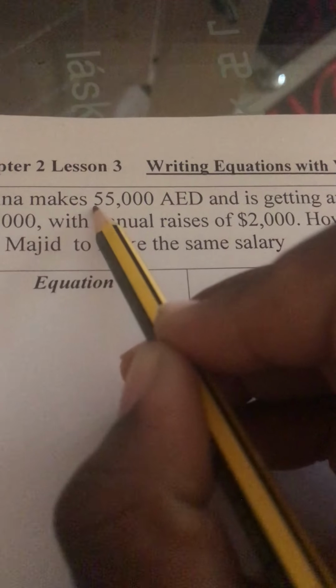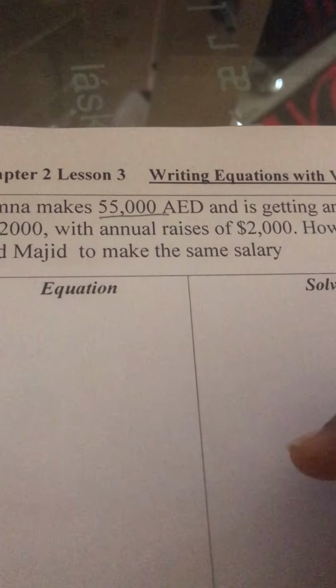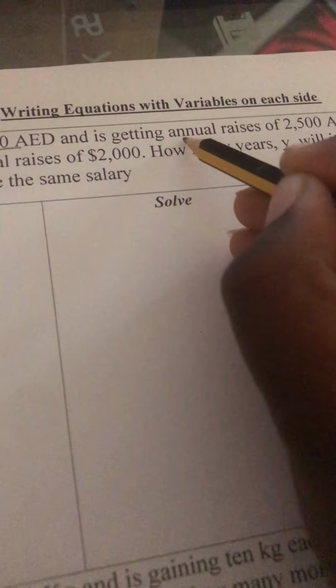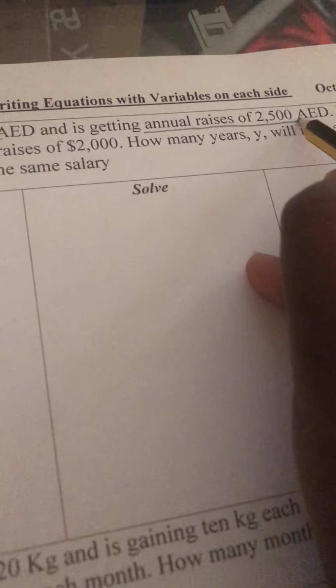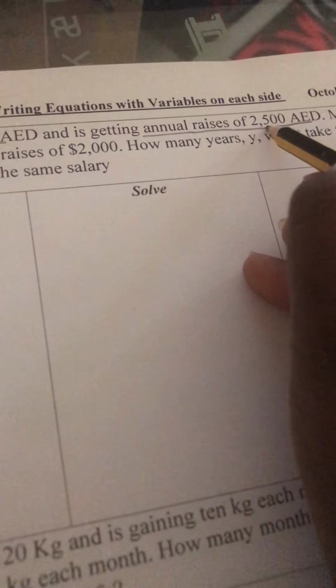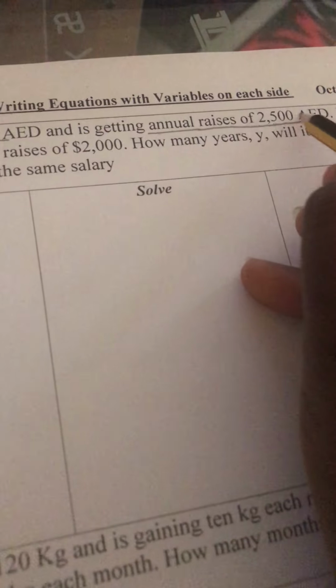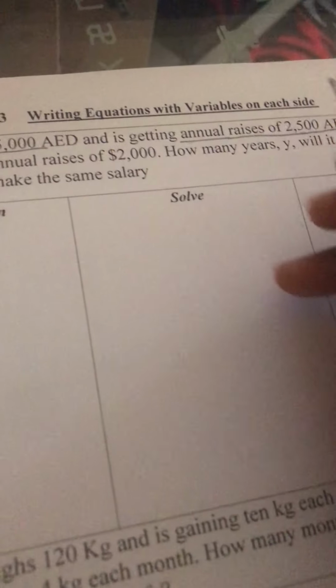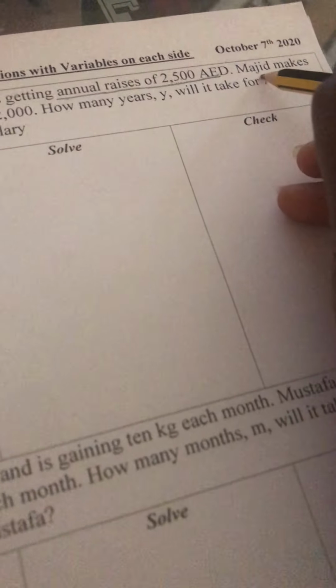Amna makes 55,000 dirham and is getting an annual raise of, so every year she's getting this. So I already know I'm going to write this as my coefficient and I need to find the variable.